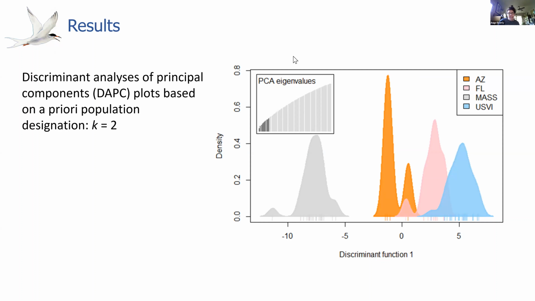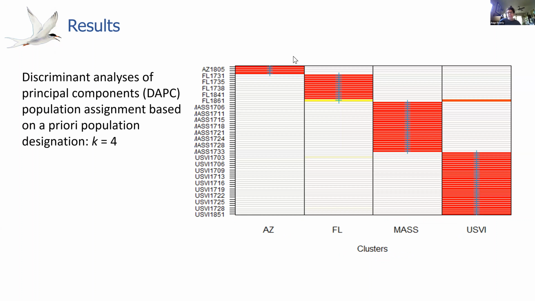And lastly, we use this DAPC to conduct an a priori population assignment. So on the y-axis, you're seeing individual population assignment. On the x-axis, you're seeing the genetic clusters. So we've told DAPC we have 4 genetic clusters. Assign these individuals to clusters based on their genetic identity.